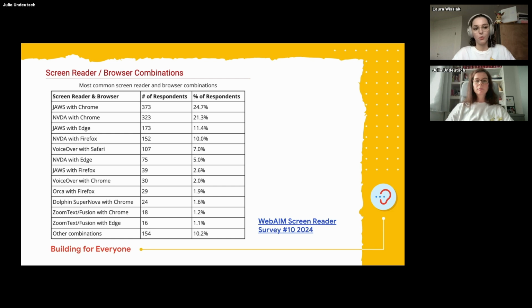So if you have more B2B customers, more likely that JAWS will be a higher percentage. So those are just statistics to keep in mind if you need to argue with people about which screen readers are more likely to be within your user base. Always keep it in context, like who are your users, and from there on, think critically.